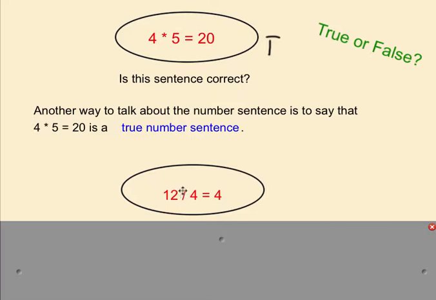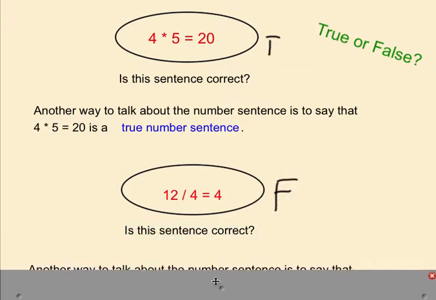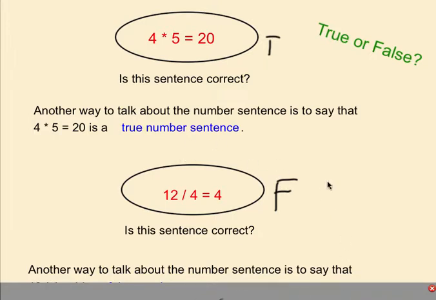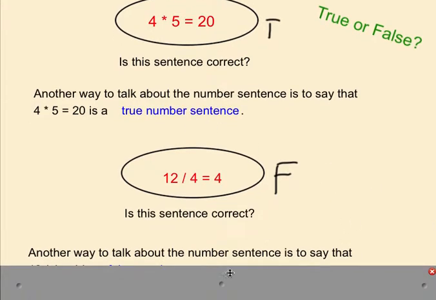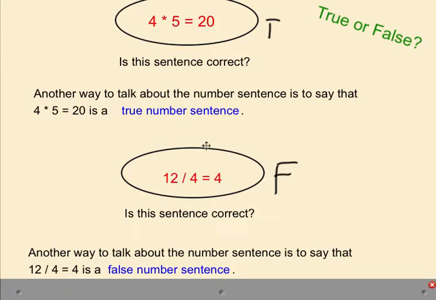How about this one? 12 divided by 4 is equal to 4. Definitely false. So we can say that that is a false number sentence because in reality, 12 divided by 4 is equal to 3. So this is false. Let's try some other ones.